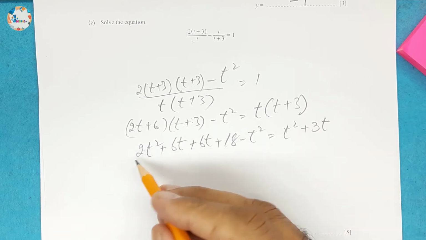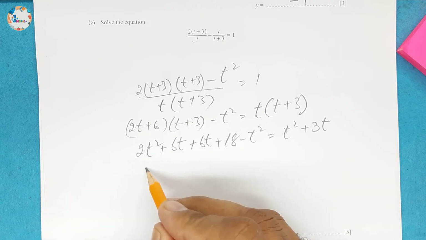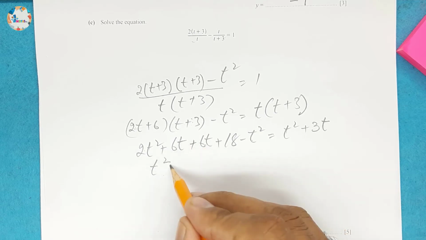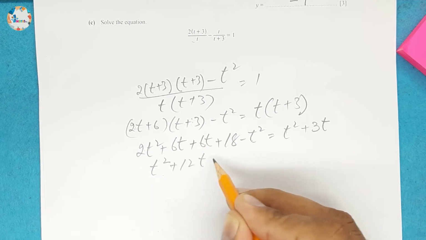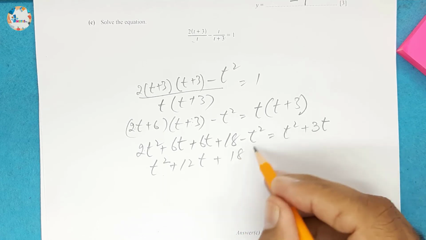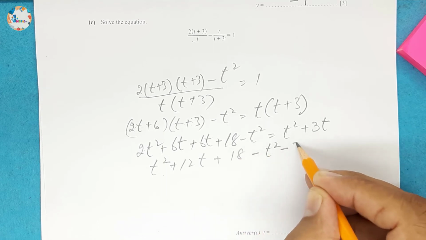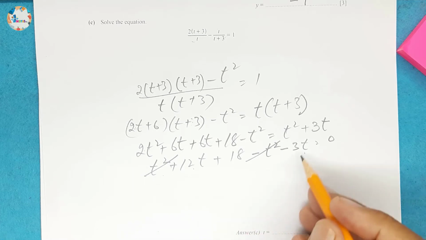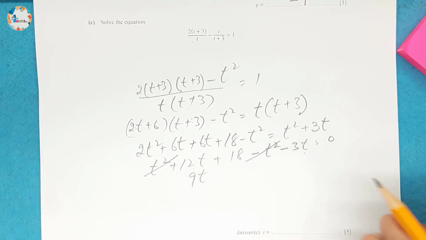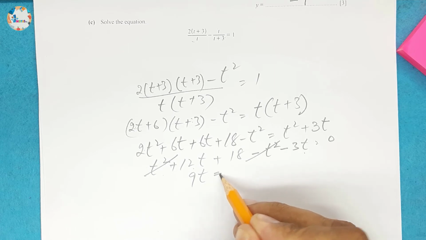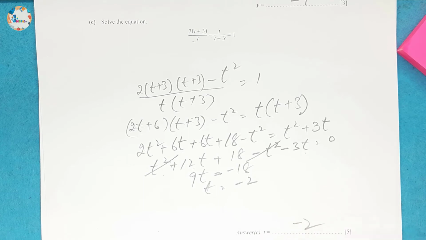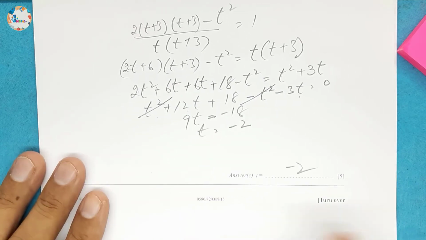This will be t squared on this side, and this will be plus 12t plus 18, and this one we can shift to this side. Minus t squared minus 3t is equal to 0. So this will be cancelled with this, and 12t minus 3t will be 9t. 9t is equal to minus 18, so t is equal to minus 2, and this minus 2 will be over here. Hopefully you understood this.